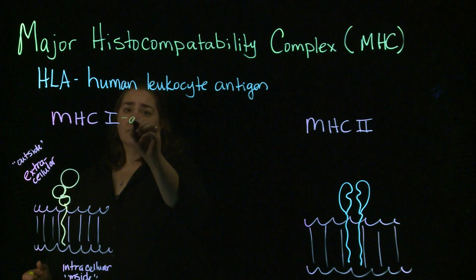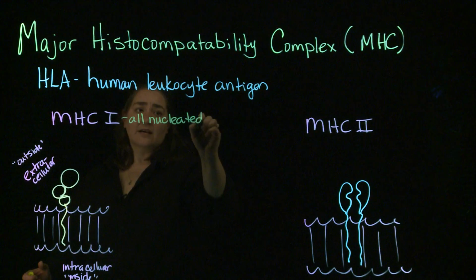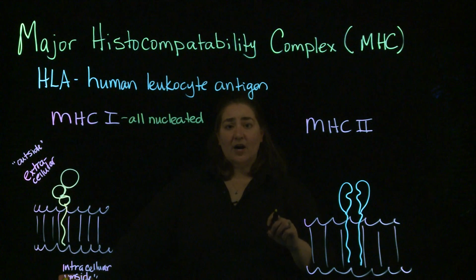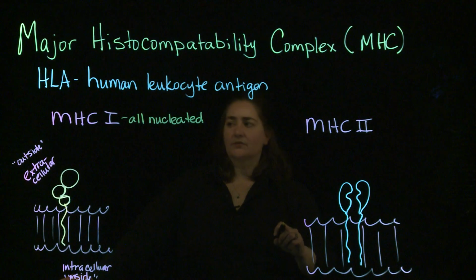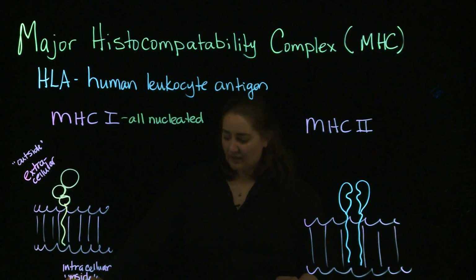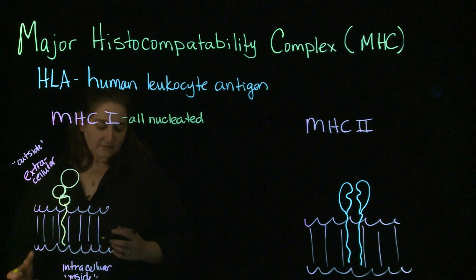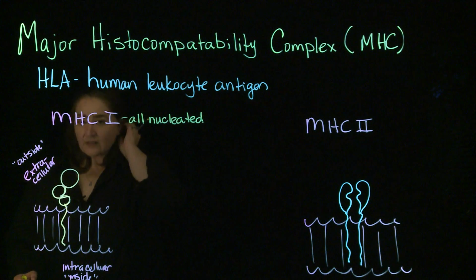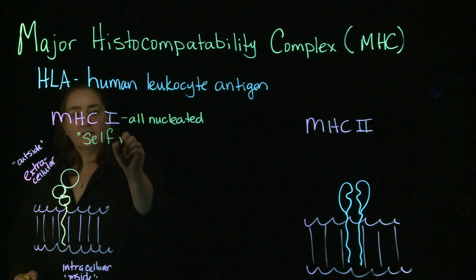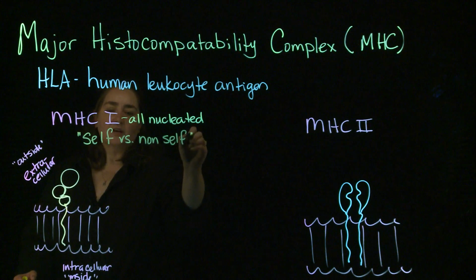MHC1 is going to be on the outside of all nucleated cells. So all of the cells of your body except your red blood cells are going to have MHC1 on the outside of it. Really what that MHC1 is involved in is going to be self versus non-self.